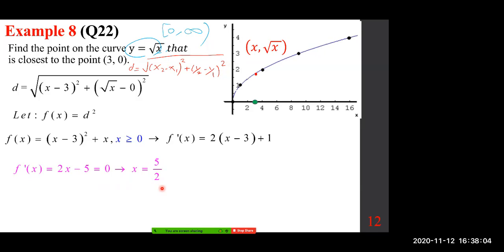And so now, is this going to maximize or minimize? We don't know. Let's find f double prime. I hope you see that f double prime is simply 2, which is positive. That means concave up. That means minimum occurs at x equals 5 halves.